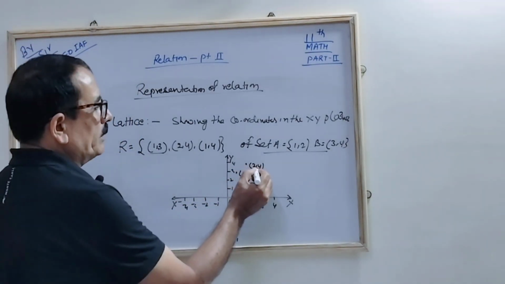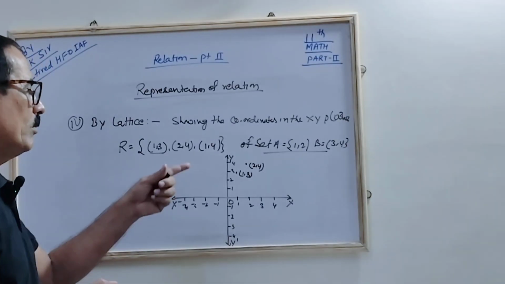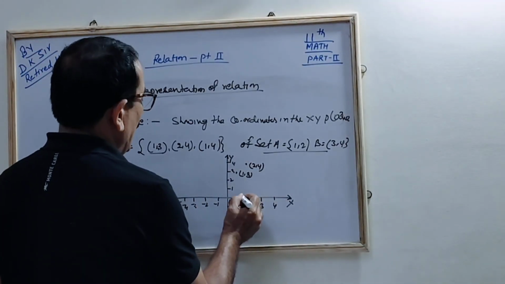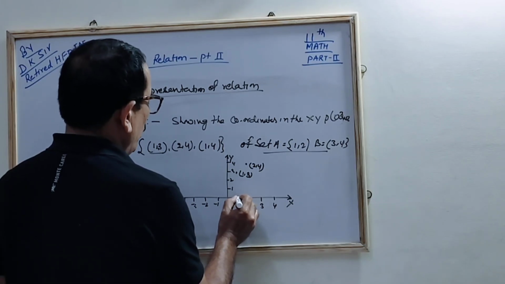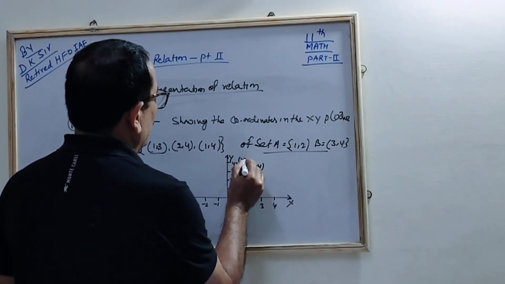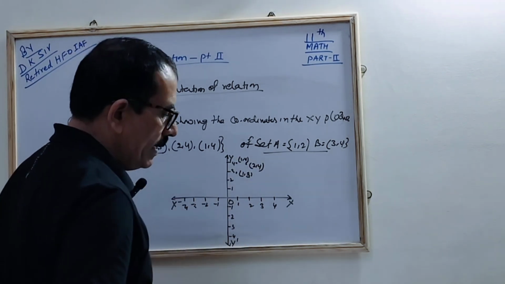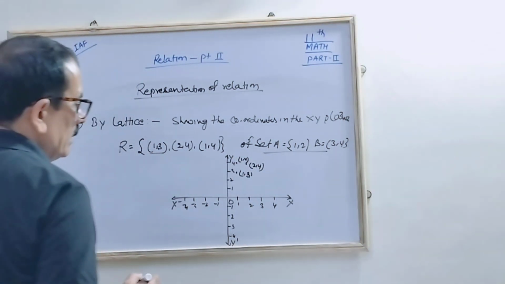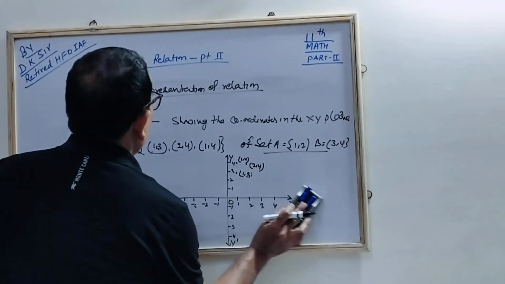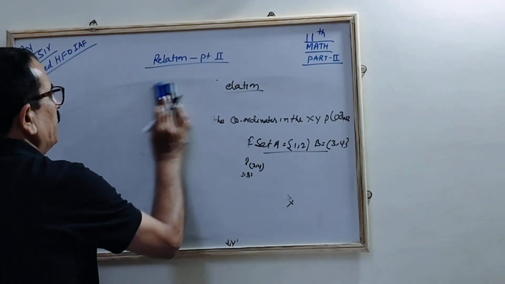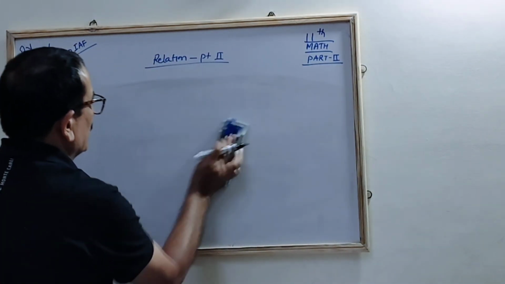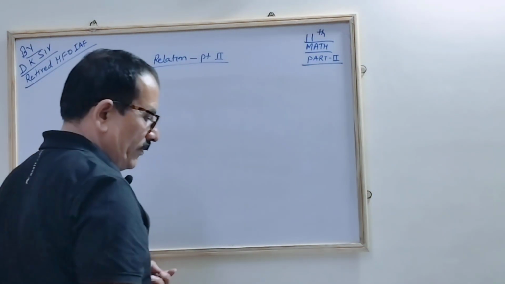The 2 is the abscissa or x coordinate and y is 4. The next is 1 and 4. So we go to the 1 and then to the 4. So this becomes 1, 4. Understood? This is the way you can draw it. This is called the lattice way. You all understood how to represent the relation in the different ways. All the 4 ways we understood.